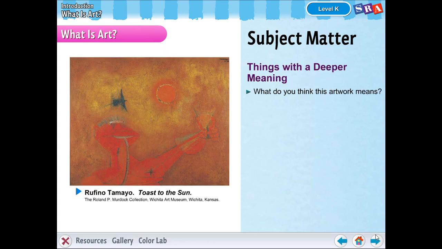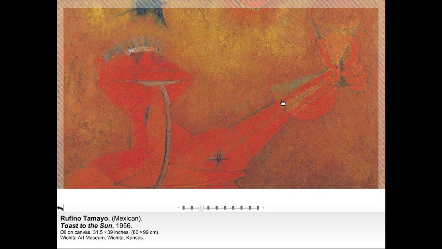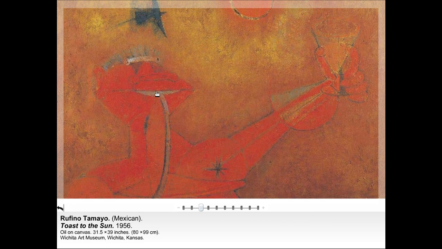Now, things with a deeper meaning. What do you think this artwork means? This is called A Toast to the Sun by an artist named Rufino Tamayo. I have no idea, but let's look. It kind of looks like a toast, when you have a glass and you hold it up to the air. And that is one interesting picture. Is that his mouth?